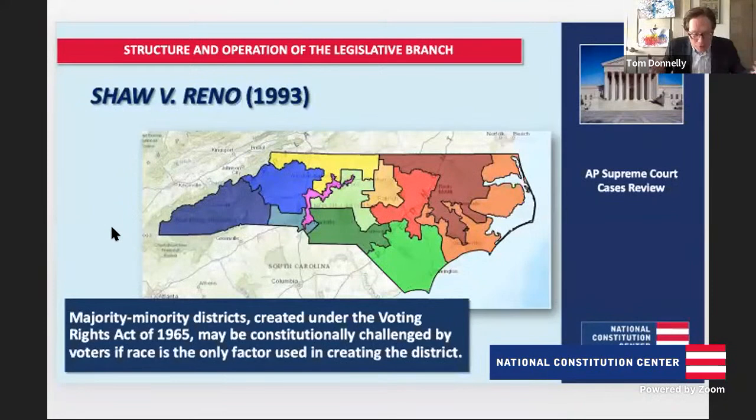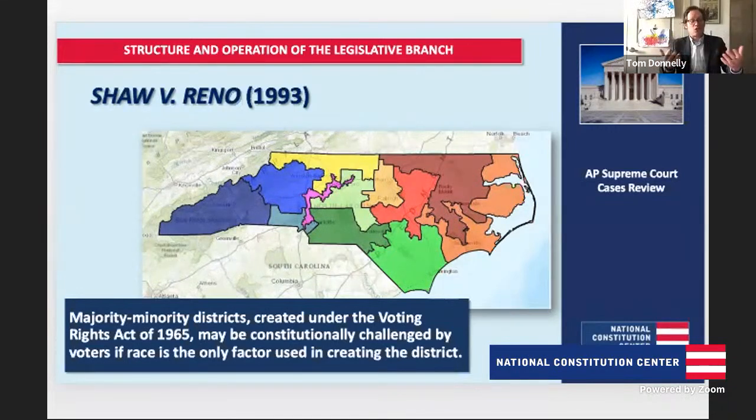And what happened is that residents challenged this oddly shaped district under the 14th Amendment, saying that the legislature, when creating this district, took race too much into account, and therefore this districting map is unconstitutional. And the Supreme Court, in a 5-4 decision by Justice Sandra Day O'Connor, said the challengers are right. Effectively what the Supreme Court is saying here is that we don't want race to be the overwhelming factor when choosing how to design districts.